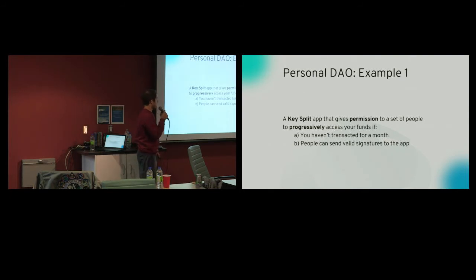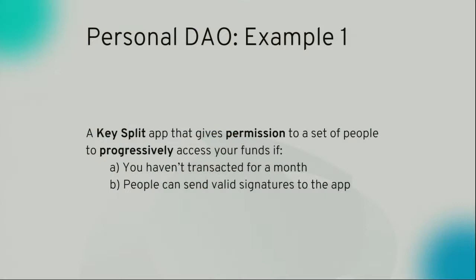So you can have a key split app that gives permission to a set of people to access your funds if you haven't transacted, or a dead man's switch basically, that you can build by having a finance app which holds the funds, and then this key split app, which basically, if two things comply, such as for example that you haven't transacted and that your friends send 5 valid signatures or whatever, then your friends can start having access to 1 Ether per month, and the next month 10 Ether, and then everything out of it, for example. So that's how you build a super easy one, and this could be built in literally 25 lines of code, something like that.